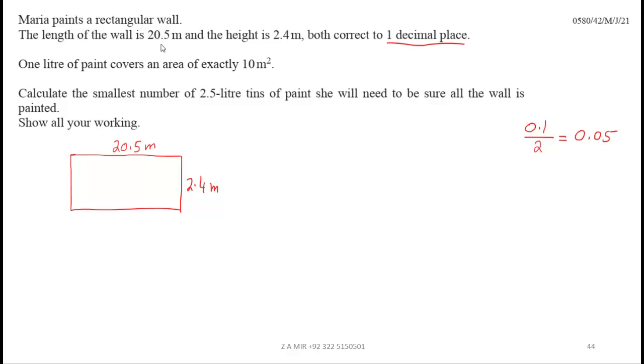Therefore the lower bound of the length, we subtract this, is 20.45, and the upper bound is 20.55. In a similar way, the lower bound of the height is 2.35 and the upper bound is 2.45.